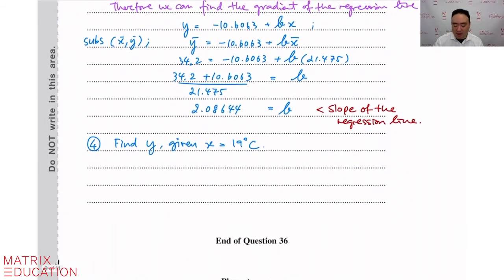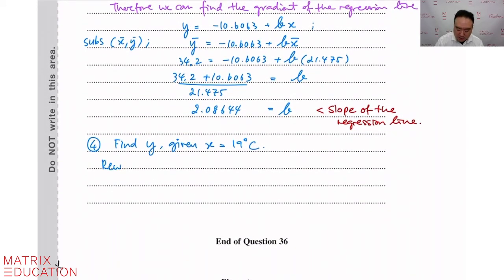Now let's rewrite the regression equation. The regression model is y equals negative 10.6063 plus b, which is 2.08644, times x.